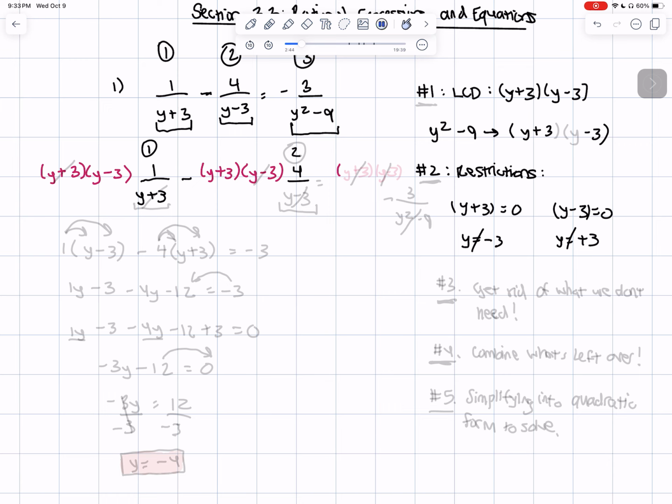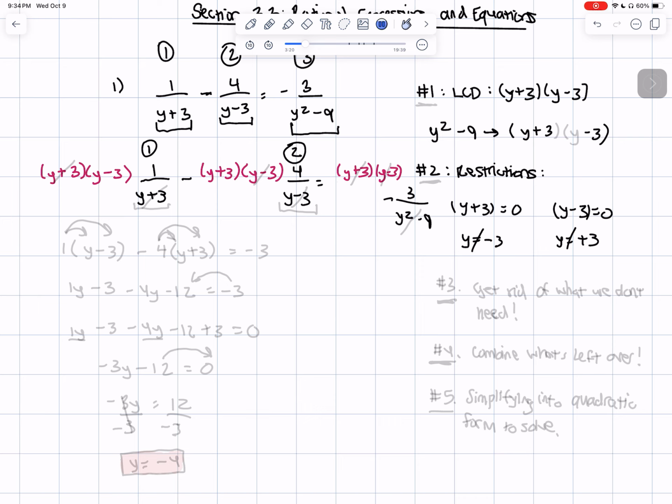There's my second guy. I might run out of room here, but we'll make it do. I'm just going to write this down below. You want to make sure you move that negative.